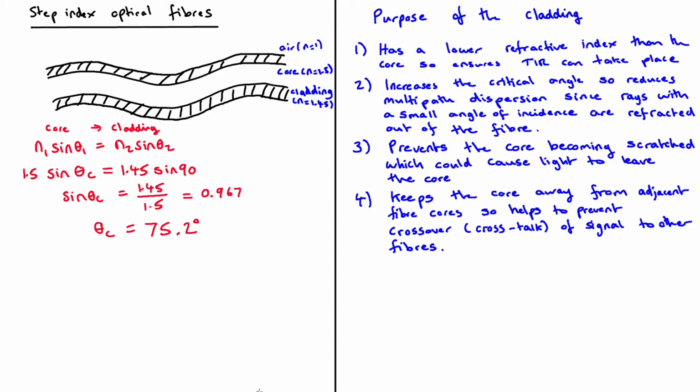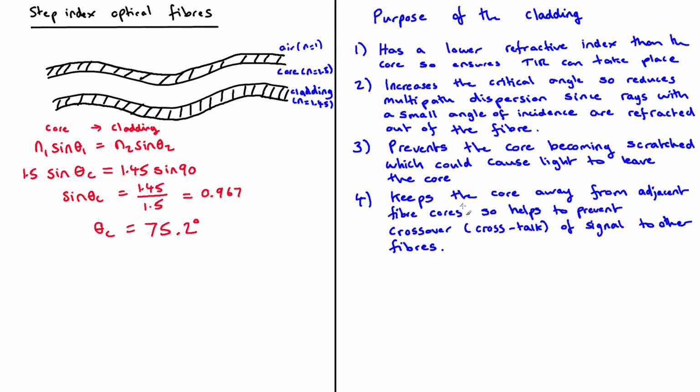Now, another thing to appreciate is that optical fibres are usually arranged in bundles. So if you're using them for communication, you wouldn't just have one optical fibre, you'd have them arranged in a bundle so that you could send lots of information down the optical fibres in different cores.